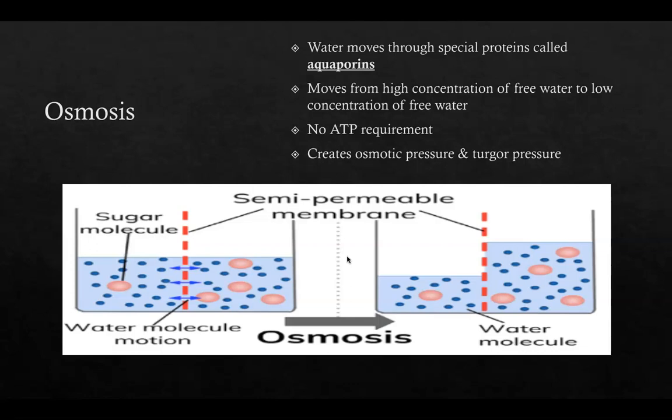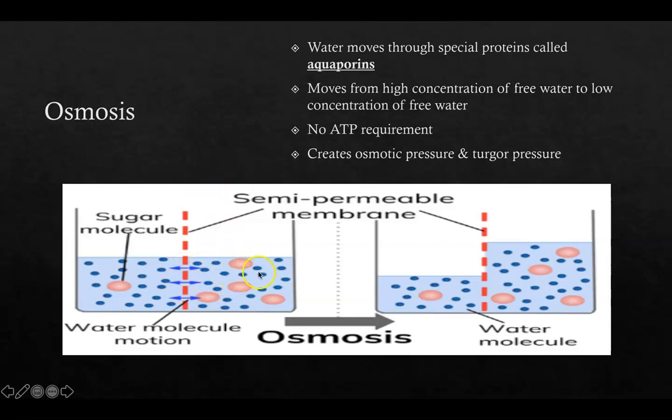It is very important that you remember volume is not the same thing as concentration. As we see here in the diagram below, right now we have equal volumes of water. That is the equal amounts of water on both sides of this membrane. However, we do not have an equal concentration.